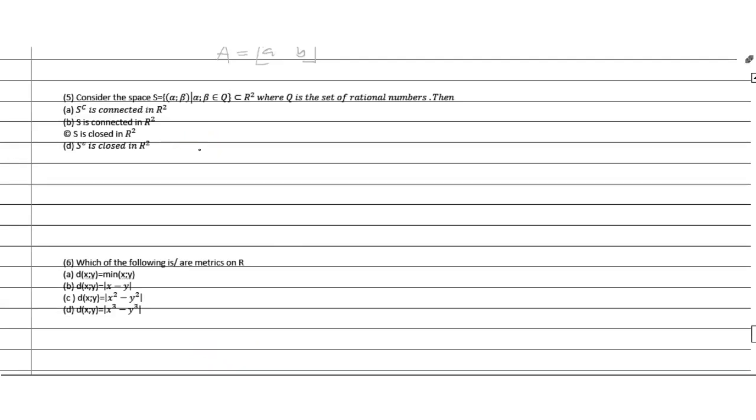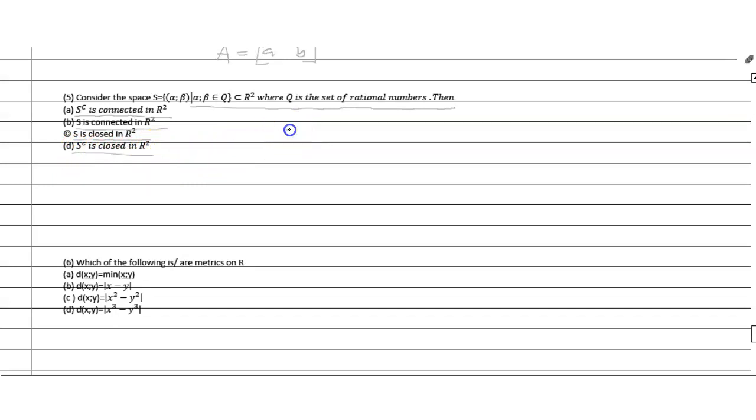Again the problem is, consider the space S equals the set of (alpha, beta) belonging to Q cross Q, a subset of R square, where Q is the set of rational numbers. Then S complement is connected in R square, or S is closed in R square, or S complement is closed in R square.